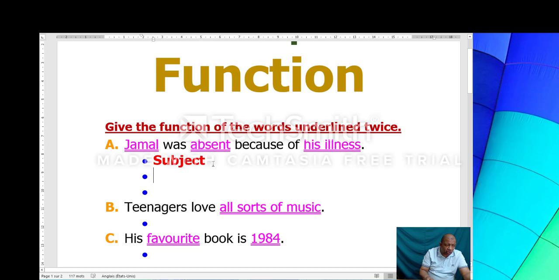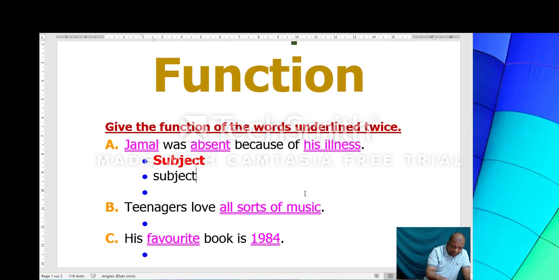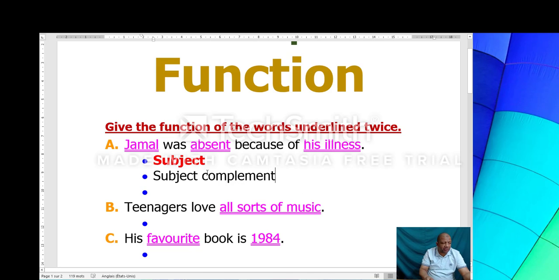So the subject complement here gives us some information about the subject. But what is the link between the two is the verb to be. Subject complement.